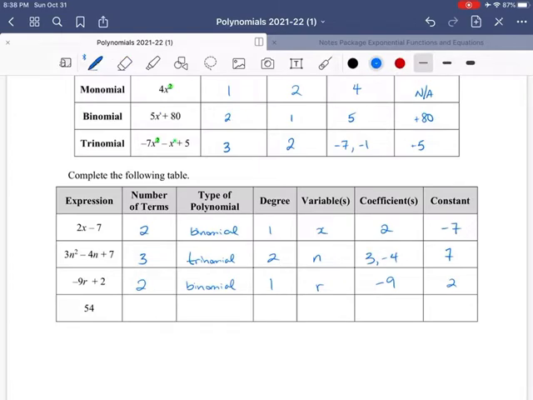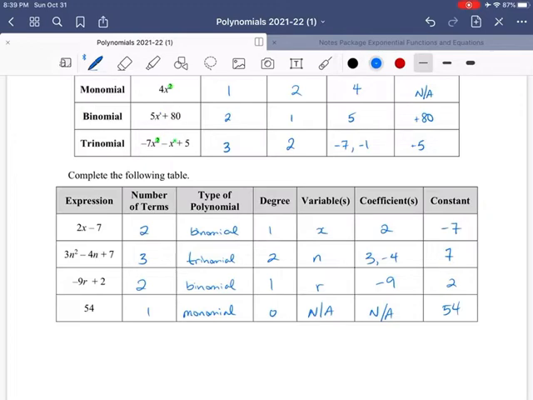Now the last one here, there's one term. That means it's a monomial. The degree is 0. There's no variable, so the degree's got to be 0. There is no coefficient. It is only a constant. It's just 54.